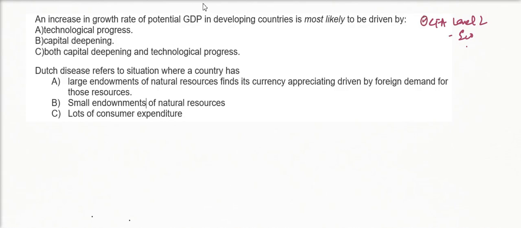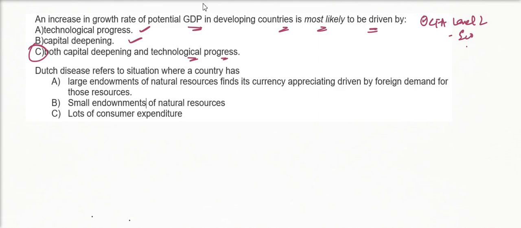2 economics part, right? Okay, for example, if the question has asked you that an increase in the rate of potential GDP in developing countries is mostly attributable to what? So it is right. So we will be looking at this. It can be technological progress, it can be capital deepening, but the correct answer is both of them, capital deepening and technological progress, right?